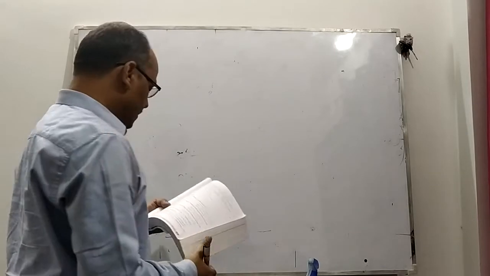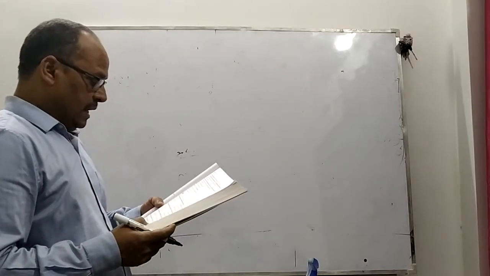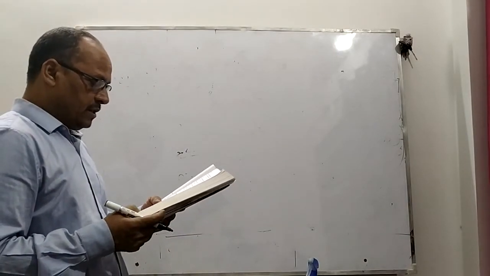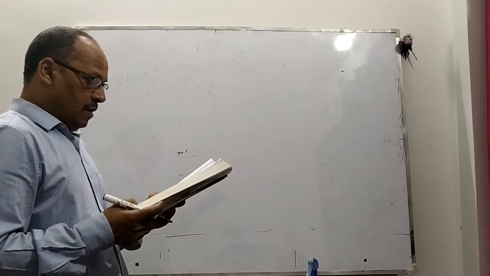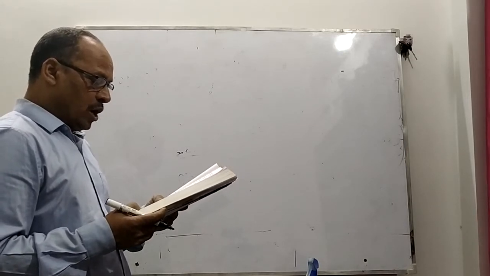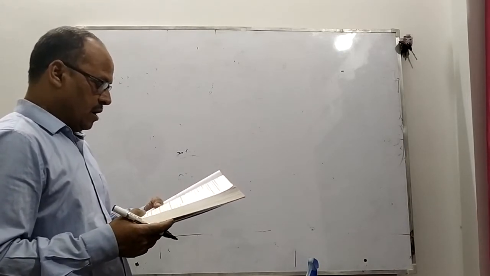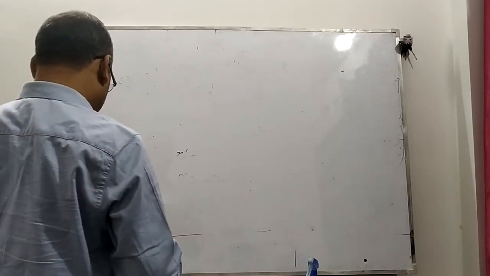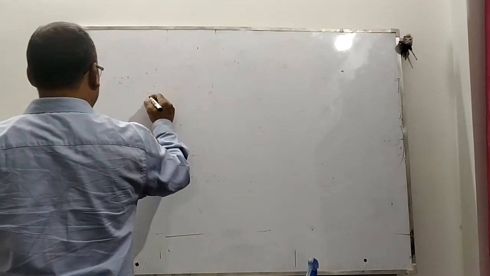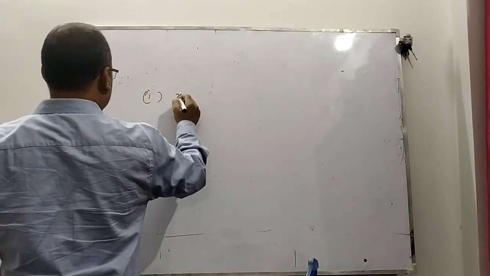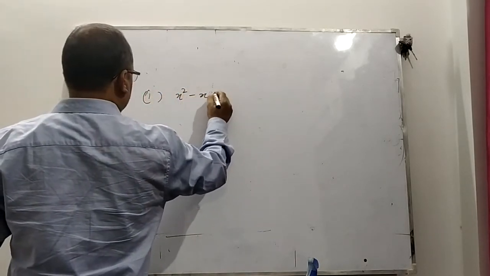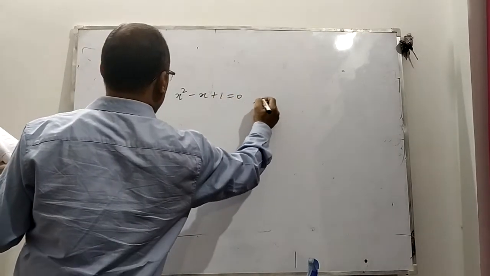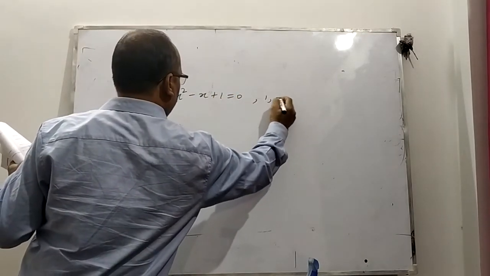Question number 2. In each of the following, determine whether the given numbers are roots of the given equation or not. Just like the first part, x square minus x plus 1 equal to 0, numbers are given 1 and minus 1.